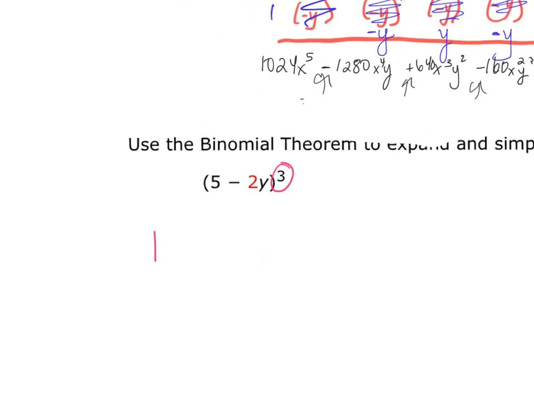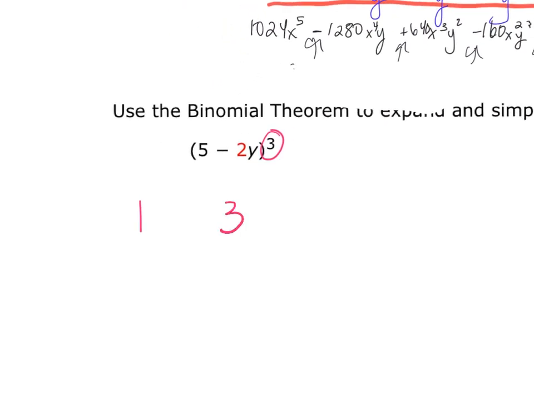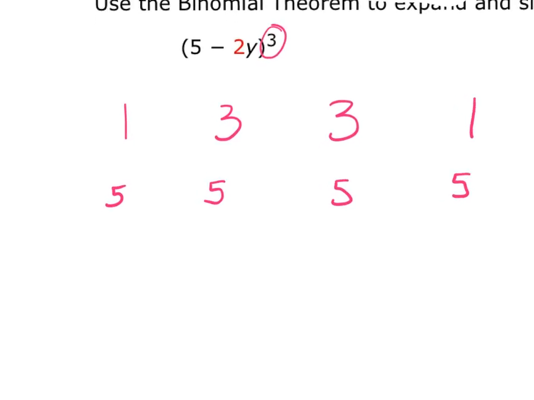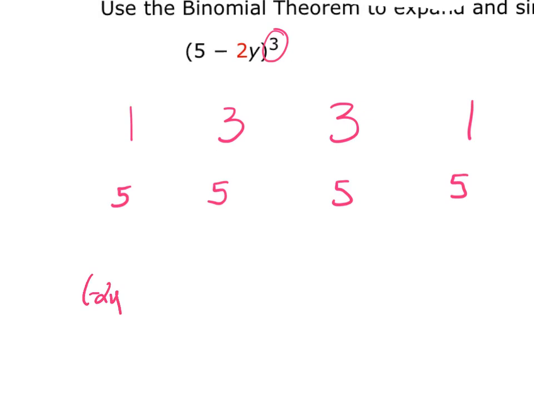You guys need to have that in front of you. 1, 3, 3, 1. First term is 5. Second term is negative 2y.